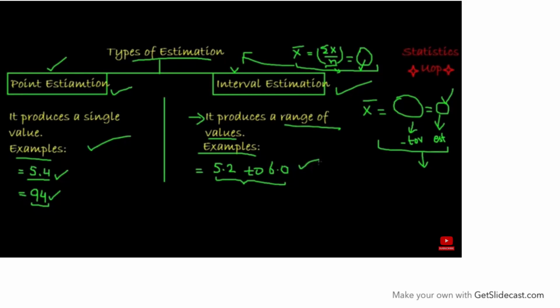Of course, point estimation produces a single value, while interval estimation produces a range of values. Some persons say a range of values of 1 to 10, an interval between 1 and 10, within that range, but a point estimate could be just 1, or it could be just 10.